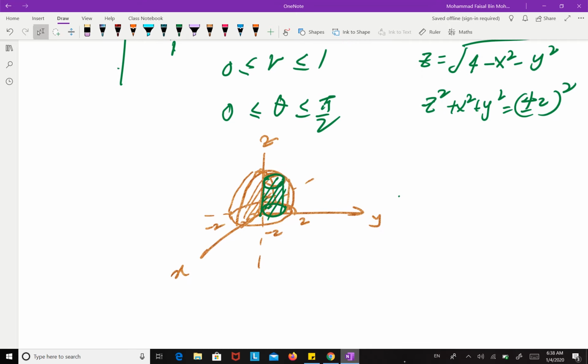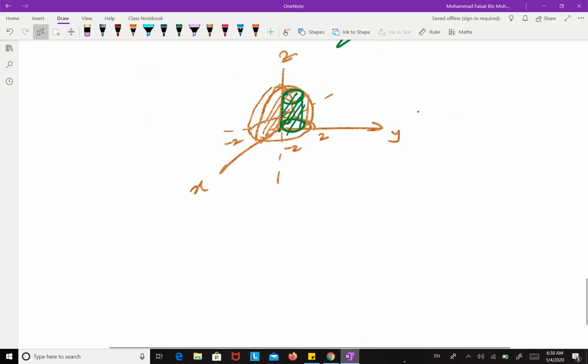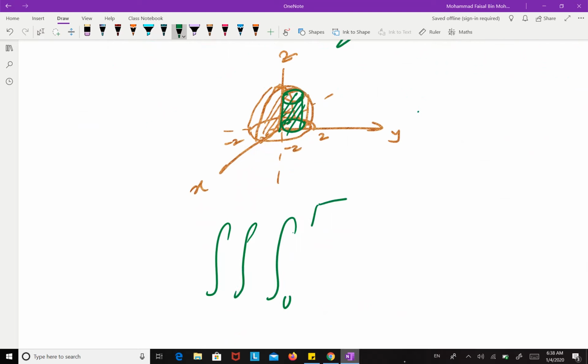So you can find your limit now. This is 0 to 4 minus r squared, 0 to 1, and 0 to pi over 2, z r dz dr d theta.